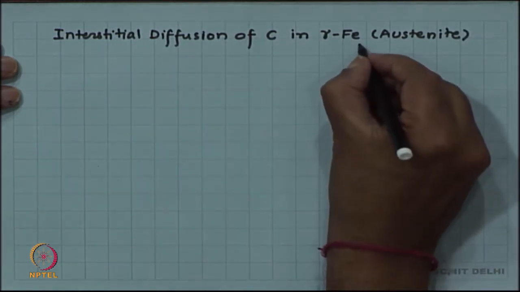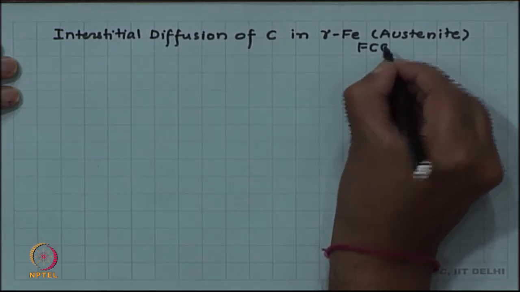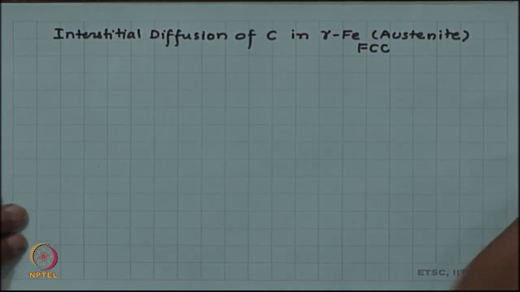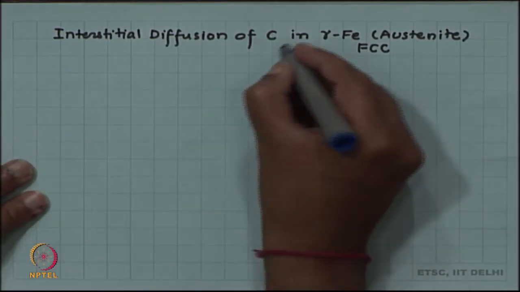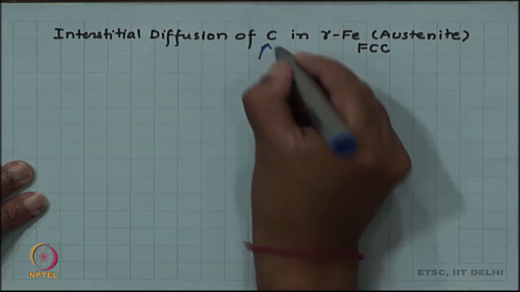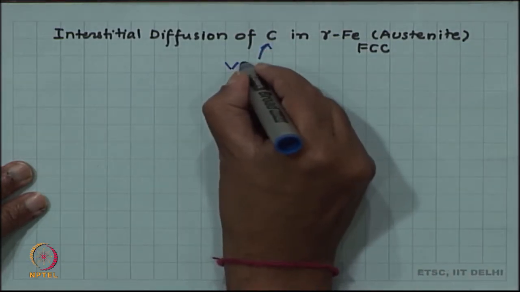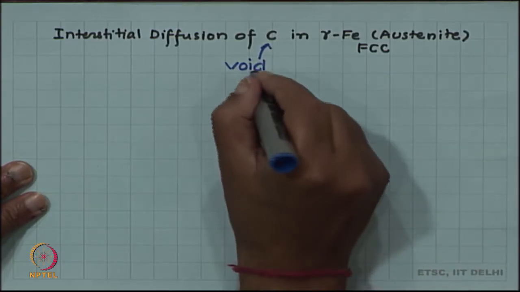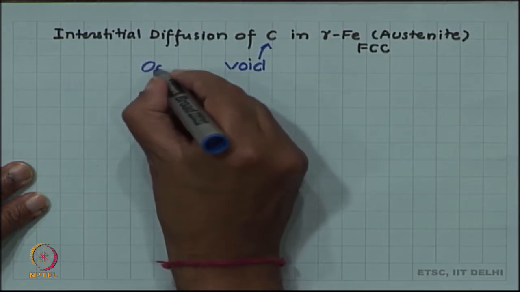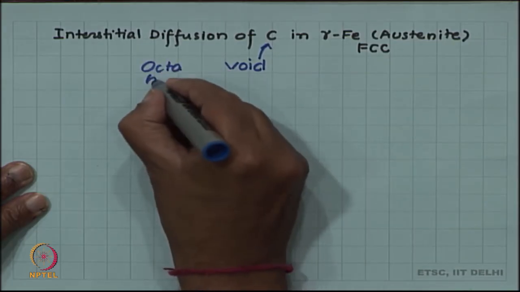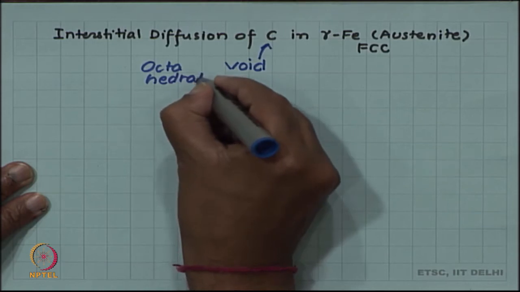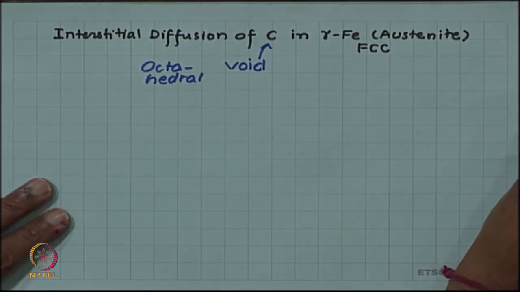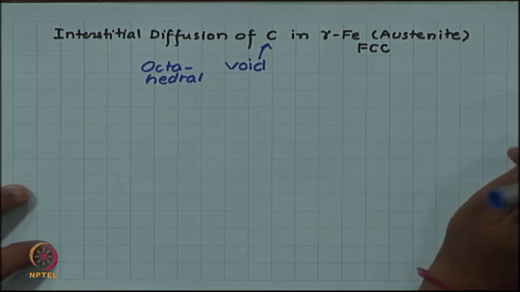And gamma iron, if you recall, is FCC, face centered cubic. So, if we have carbon, when we were discussing the voids, we probably discussed this also, that carbon goes into the void, and the void it chooses is the octahedral void. So, carbon goes into the octahedral void of FCC iron.